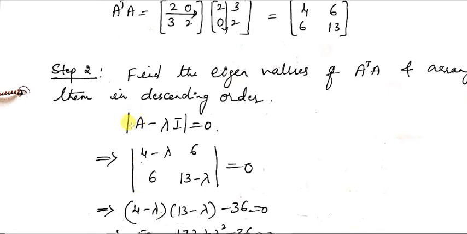Determinant of A transpose A minus lambda I is equal to 0 is the characteristic equation.